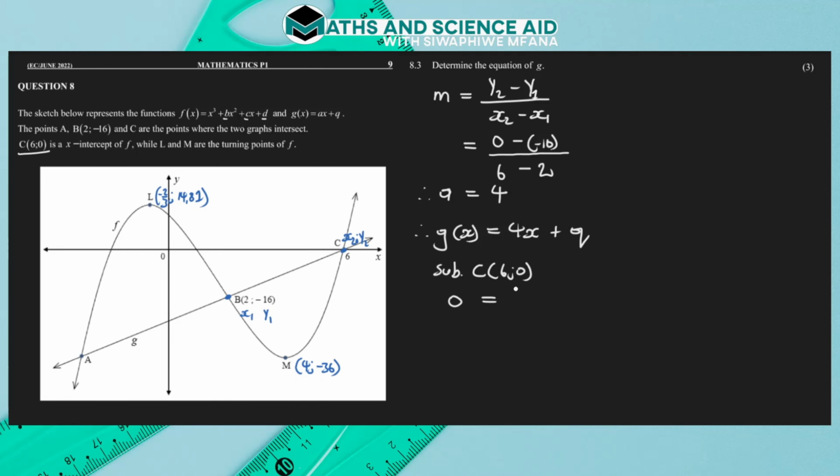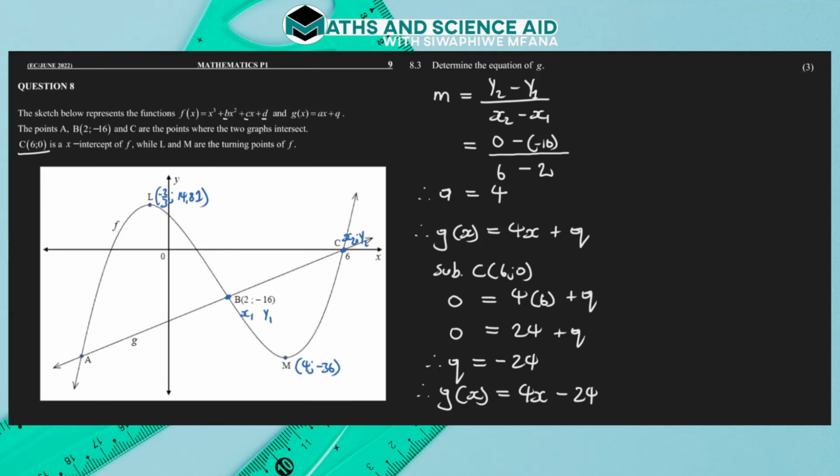So this will be 0 equals 4 into 6 plus Q. And 4 multiplied by 6 is, of course, 24. So we have 0 equals 24 plus Q, which simply means that the value of Q is equal to negative 24, and therefore the equation for G of x is 4x minus 24.